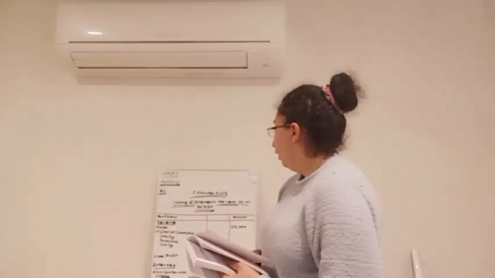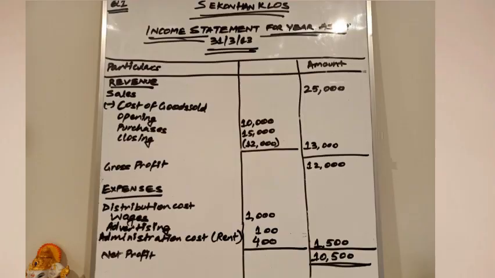So we have to prepare an income statement, and we need to put proper heading for it. Secondhand Clothes income statement for the year as at 31st March 2013. Then revenue, particulars, 2 columns for amount, particulars, and 2 columns for amount.